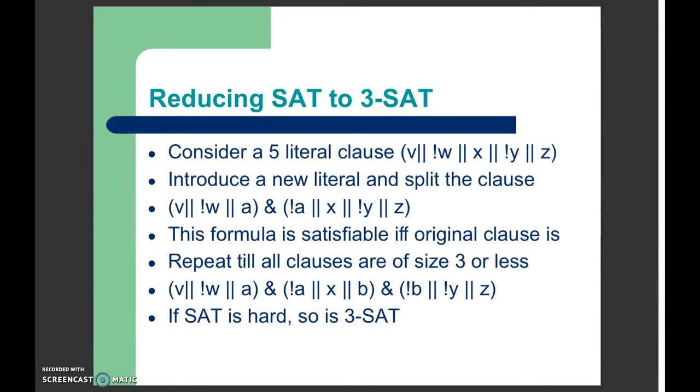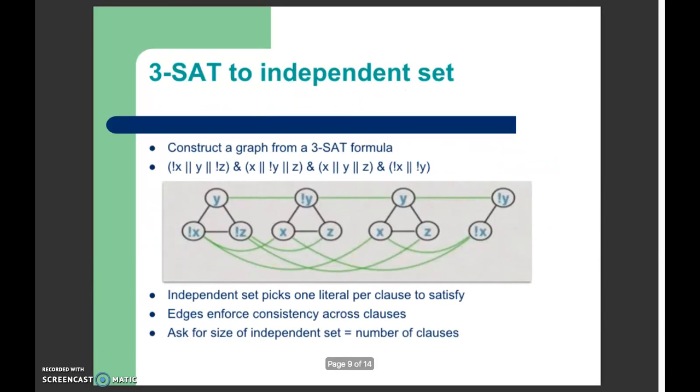Now this formula is satisfiable if and only if the original clause is. We will repeat this till all the clauses are of size 3 or less. If SAT is hard, so is 3-SAT, that is, they are reducible.